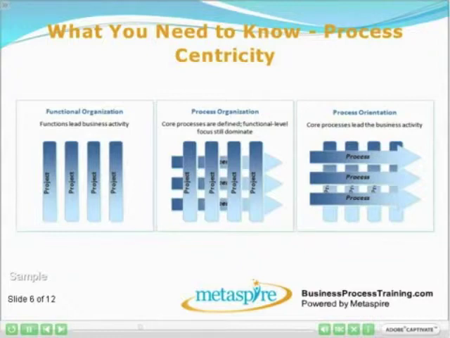In a functional organization, the focus is on managing people, goals, and measures vertically. In process orientation, core processes are defined, and the focus still dominates on a project level. Process orientation focuses on continuously improving processes end-to-end and maintaining a process improvement mindset horizontally.